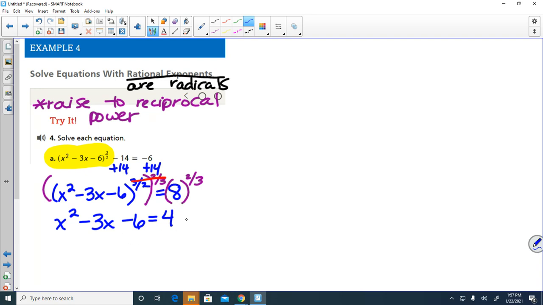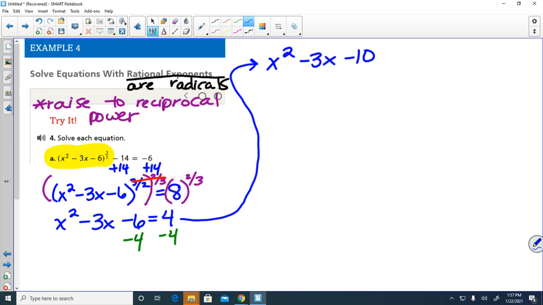Now I have another quadratic equation. Before I do, I'm going to set it equal to 0 so that I can try to factor it. So subtract 4 on both sides. So then I'll have x squared minus 3x minus 10 equals 0. So then if I try to factor, I'll have an x and an x.